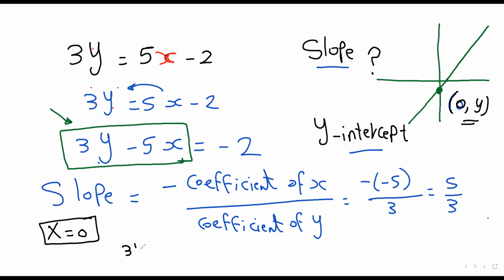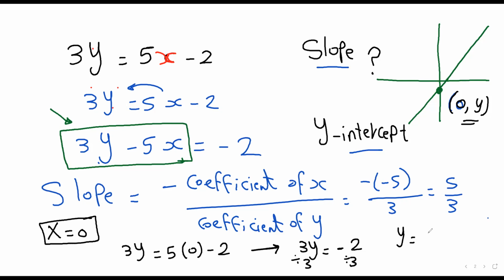So 3y equals 5 times 0 minus 2. 5 times 0 is 0, minus 2 is negative 2. Then divide by 3. So y equals negative 2 over 3. That's the y-intercept. When x equals 0, y equals negative 2 over 3.